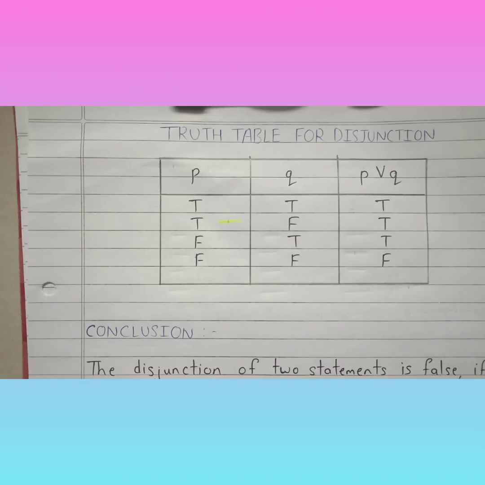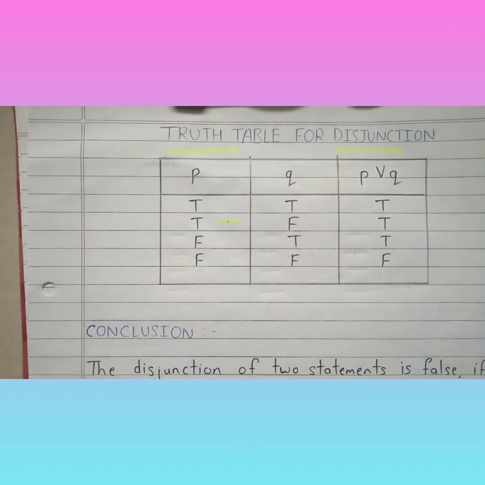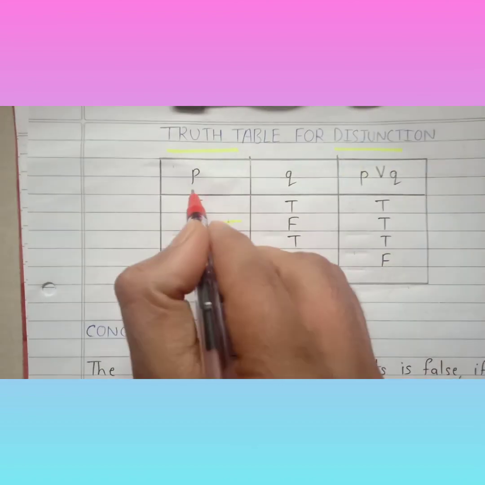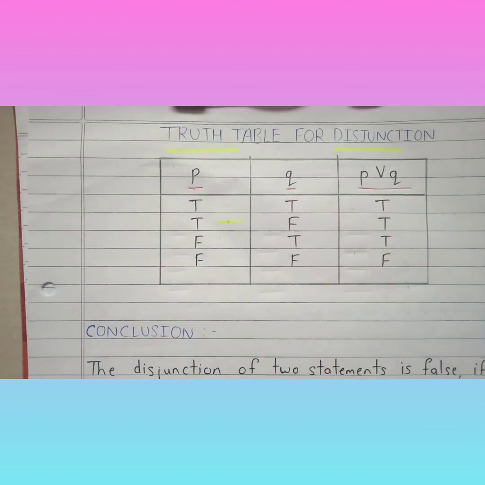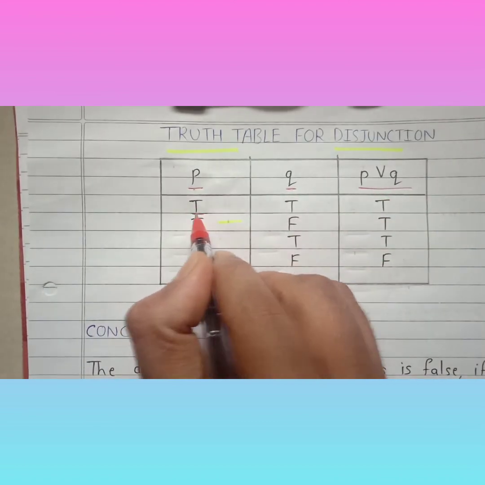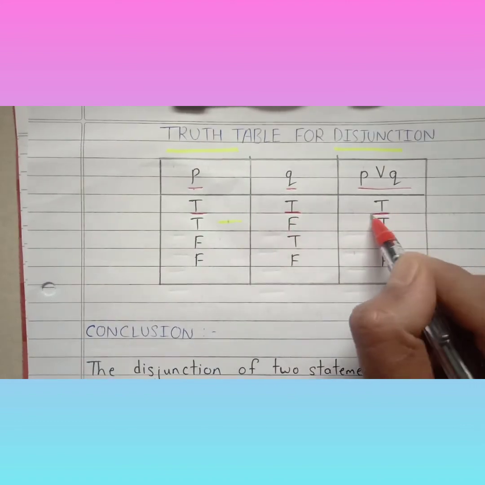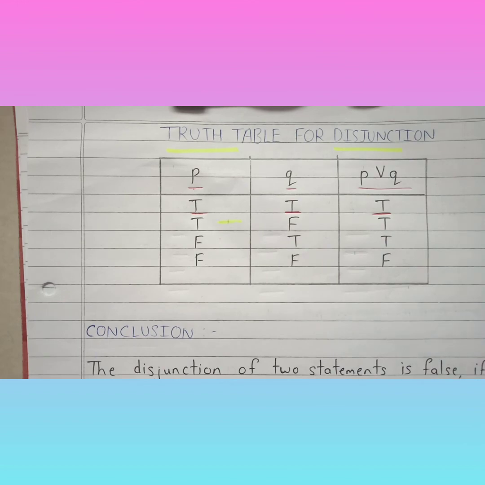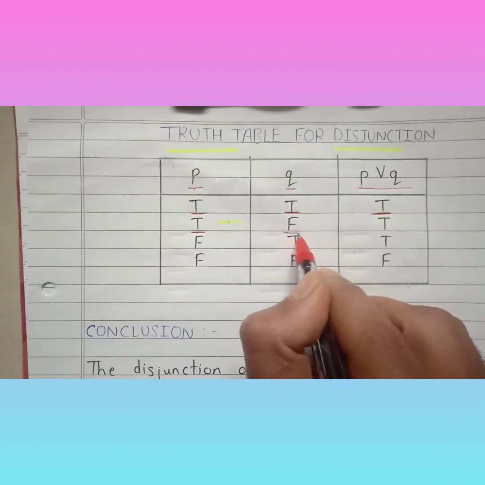Now let's see the truth table for disjunction. There are two statements, P, Q, and this is P or Q. Suppose P is true and Q is also true. Then P or Q becomes true. This is exactly like conjunction. Now suppose one of them is false. Suppose P is true and Q is false.